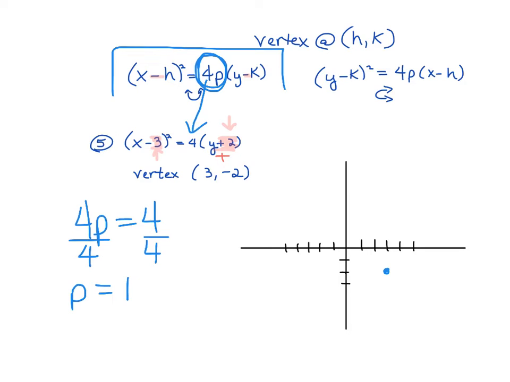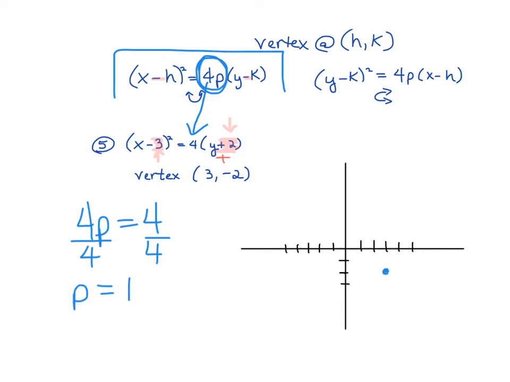Let's find an additional point in addition to the vertex. So again, my vertex is over here. So I would pick a number that's less than 3 or greater than 3 to plug in. Now this time, notice my vertex isn't on the y-axis. So probably the easiest point to find would be the y-intercept.